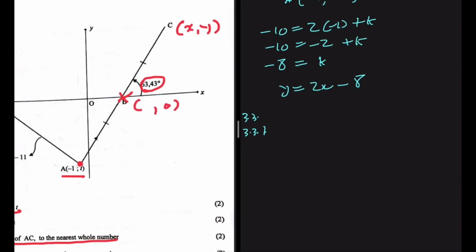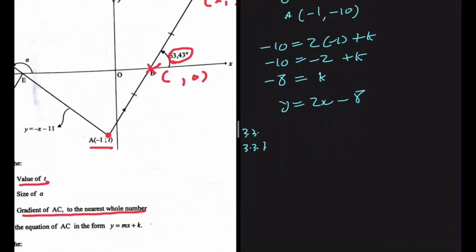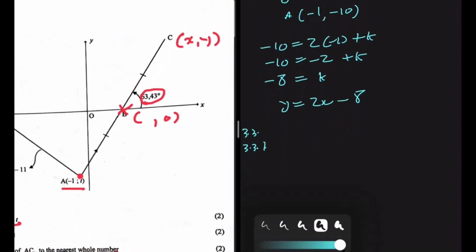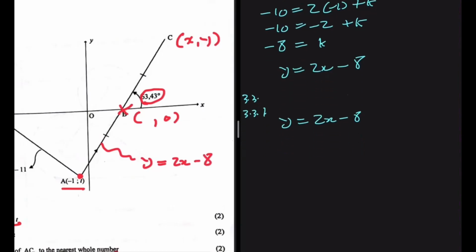So what we can do is to find the x value of B using the equation we calculated in 3.2, of the line AC. So we can say that y is equal to 2x minus 8. We know that we have an equation for that line. I'm just trying to make that clear if anyone was a bit lost.